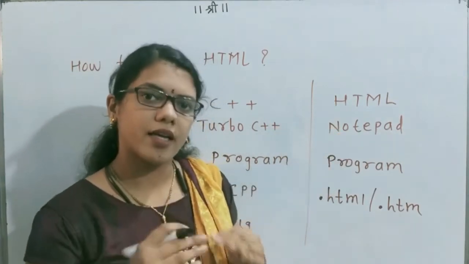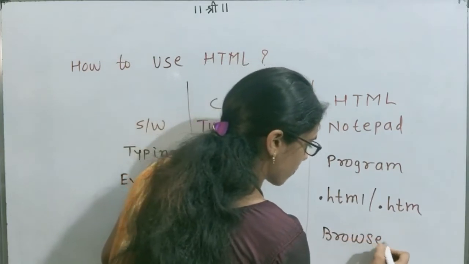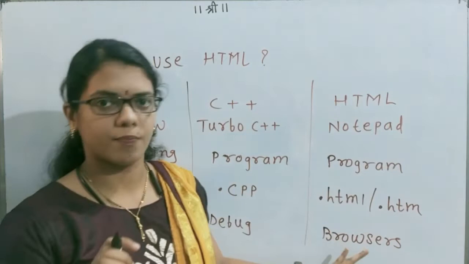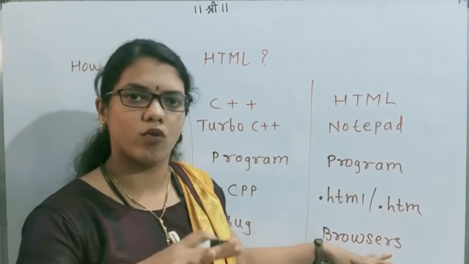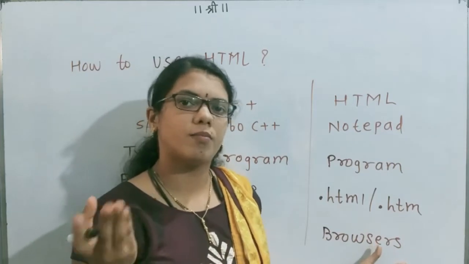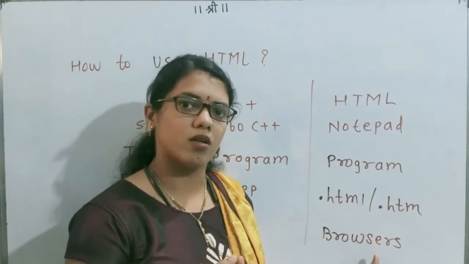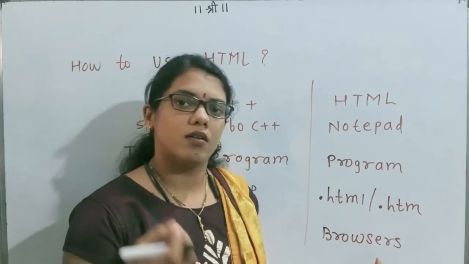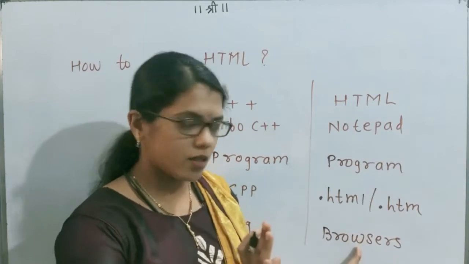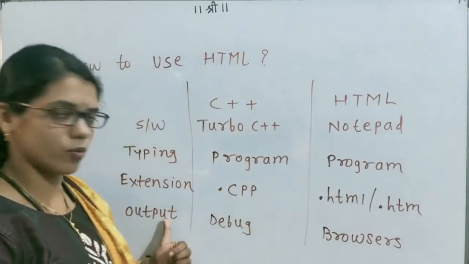We get direct output inside browsers. When we are accessing the net, we require some platform, and those platforms are nothing but browsers. For example, Google Chrome, Internet Explorer, Mozilla Firefox; different browsers are available. With the help of any browser, we open our file, and we get the particular output.